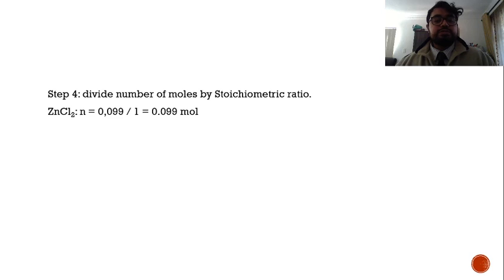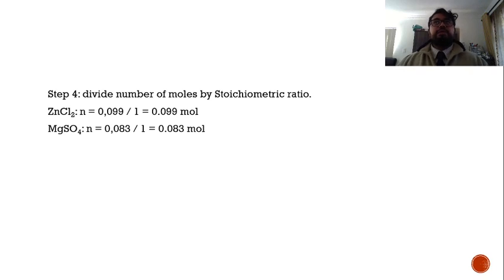Now step 4 is to divide the number of moles by the stoichiometric ratio. So 0.099 divided by 1 equals 0.099, and the same for magnesium sulfate. So remember what I said about the potato chip and the oil, right? We have only so much potato, but we have a whole lot of oil, and the oil is in excess once the product comes out.